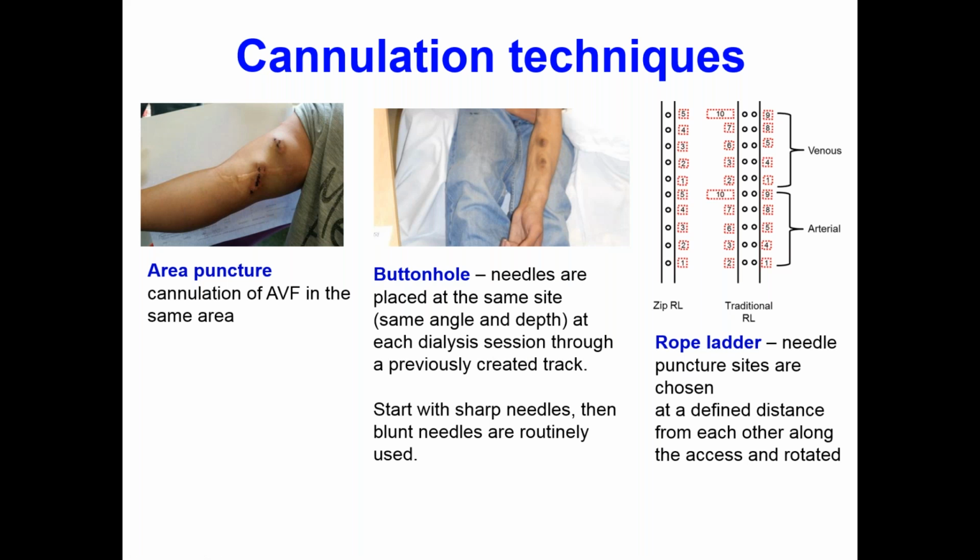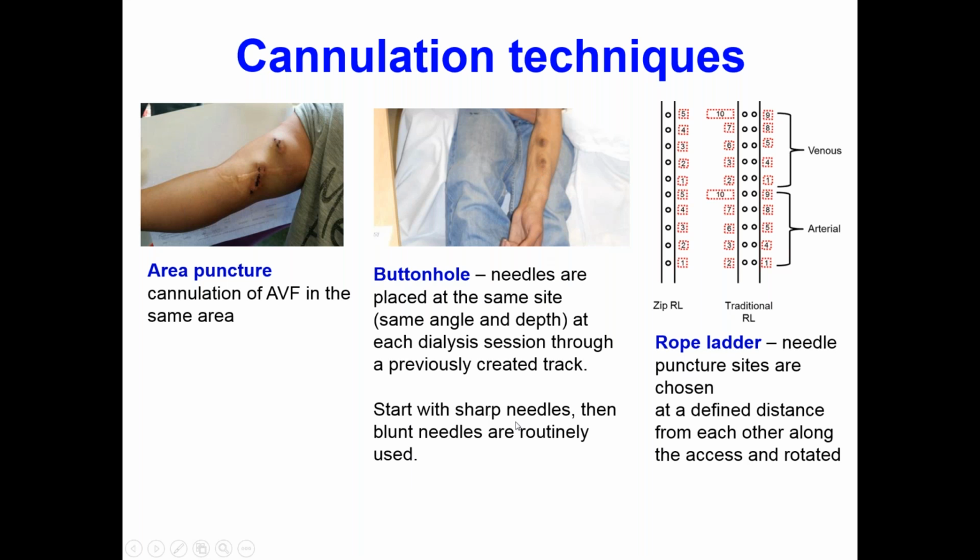And then over a period of a few weeks, you create a track, so that this track can then in the future be needled with blunt needles. And each time the needle is removed, a scab forms over it, and this gives you that sort of a more permanent tract or access.